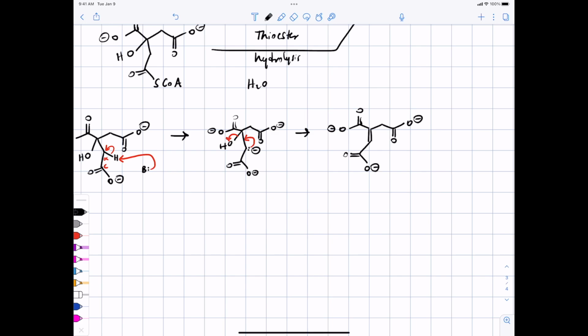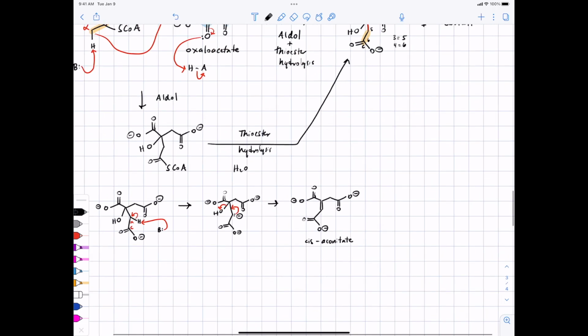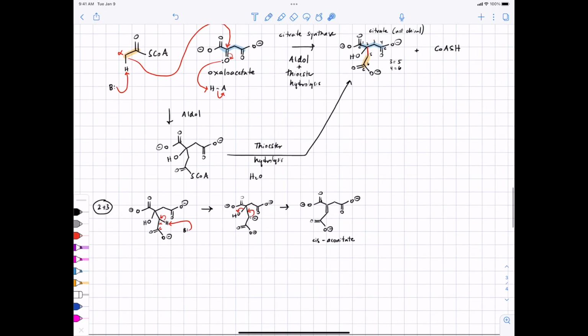And this intermediate is called cis-aconitate. If you're following through, we did an aldol reaction, and our product is a beta hydroxycarbonyl compound.